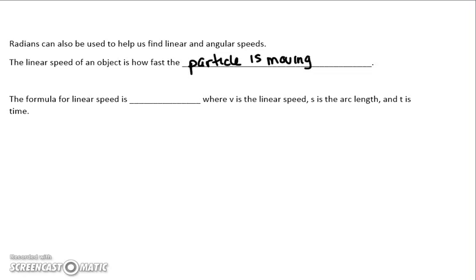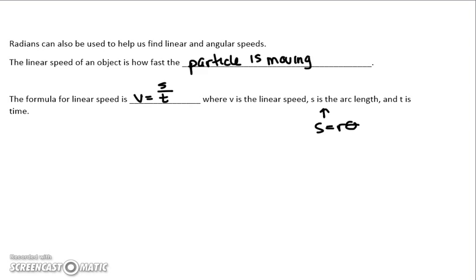So the formula for linear speed is V equals S over T, where V is the linear speed, S is the arc length, and T is time. So S is still that arc length we had before, where S equals R theta. So that's where our radians are going to come into this. So V equals S over T is going to be our linear speed.